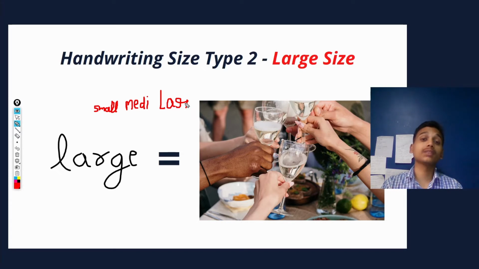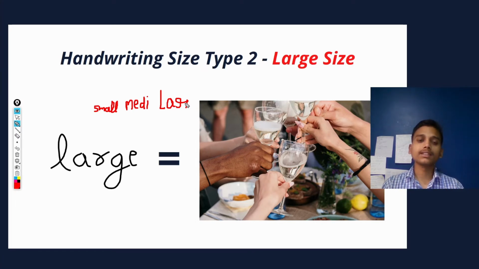Similarly, large size is written to get your attention. That's why the people who write in large size like the attention of people and do a lot of things just to gain people's attention. These are some of the extroverts in graphology. If you want to find extroverts, those people write in large size.